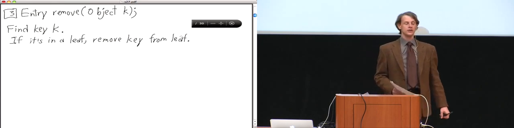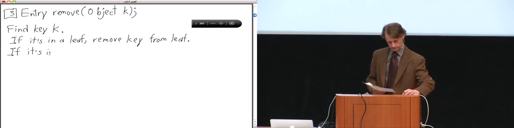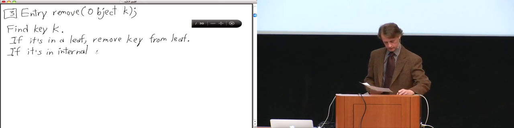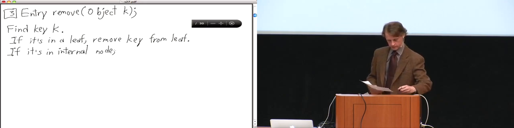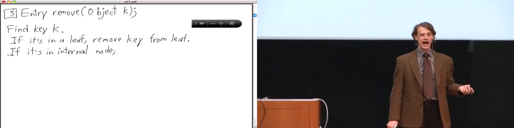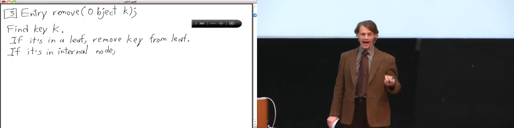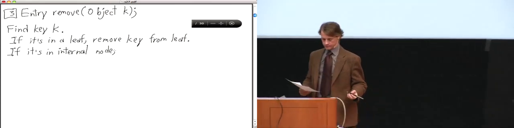If the key is in an internal node, we're going to do the same trick that we did for binary search trees. Basically, you replace it with the next higher key, or the next key in the in-order traversal after the one you're removing.